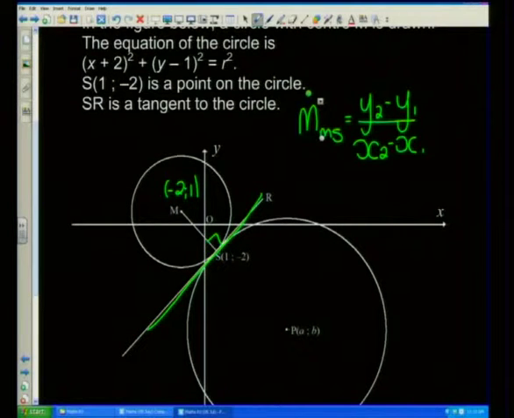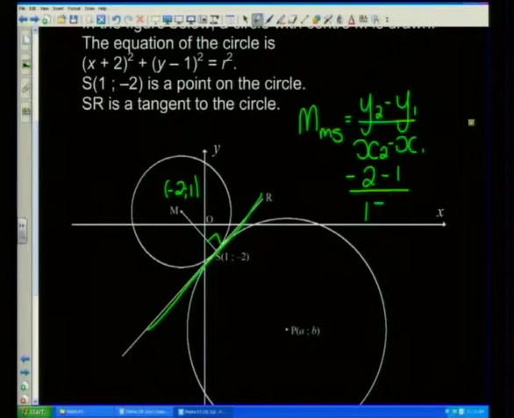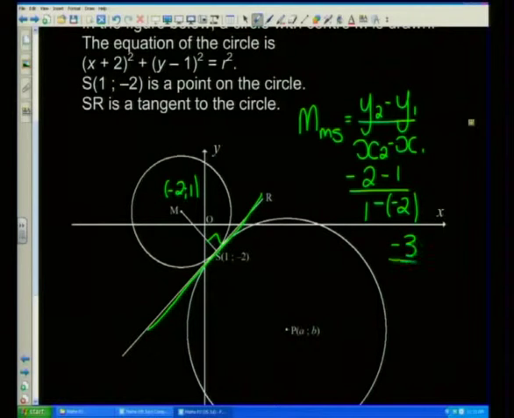So y2, which let's say is negative 2, minus y1, which is 1, over x2, which is 1, minus x1, which is negative 2. Right, so we are sitting with negative 3 over positive 3. That's giving us a gradient of negative 1.